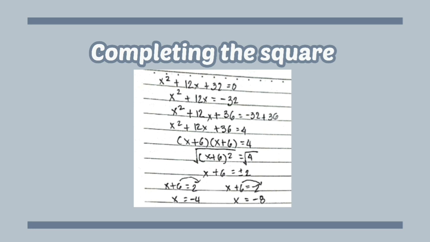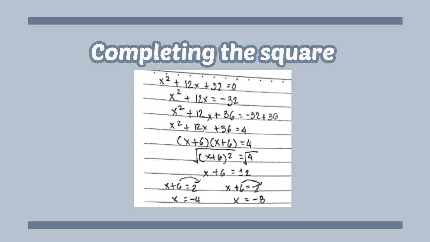Example number 1. x squared plus 12x plus 32 equals 0. Transpose c to the other side. Don't forget to change the sign. So x squared plus 12x equals negative 32. Then add b over 2 squared to both sides of the equation, which would be 36 from 12 over 2 squared.